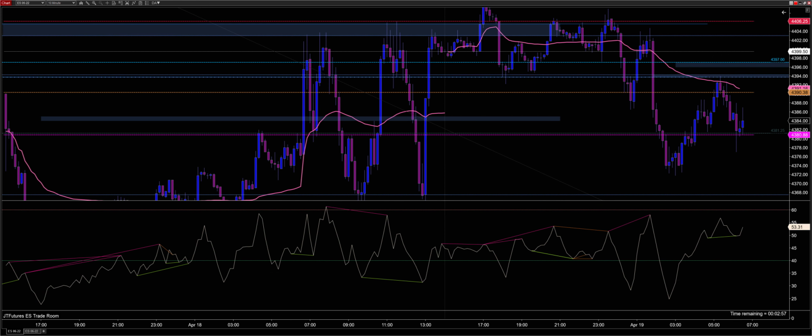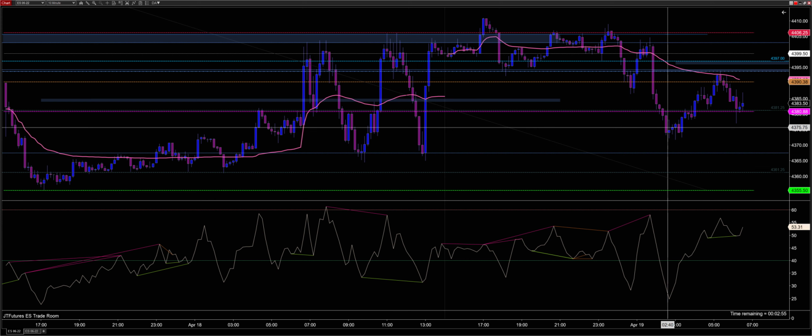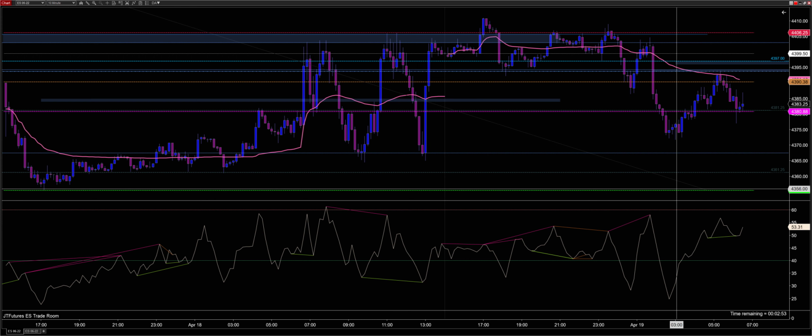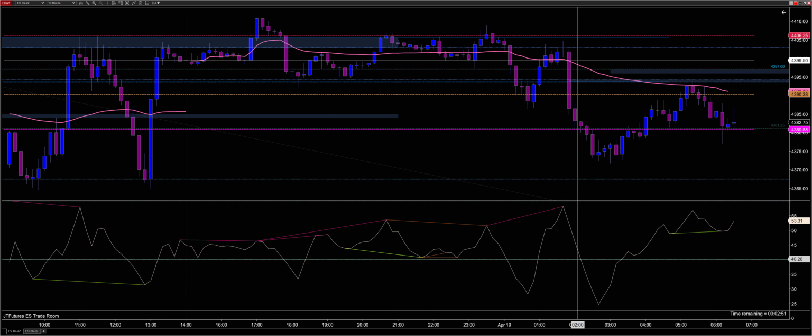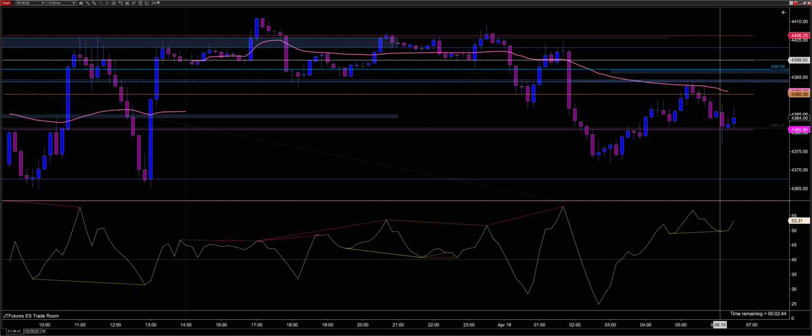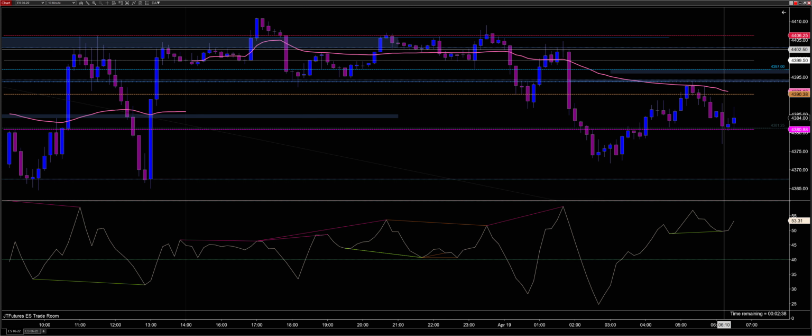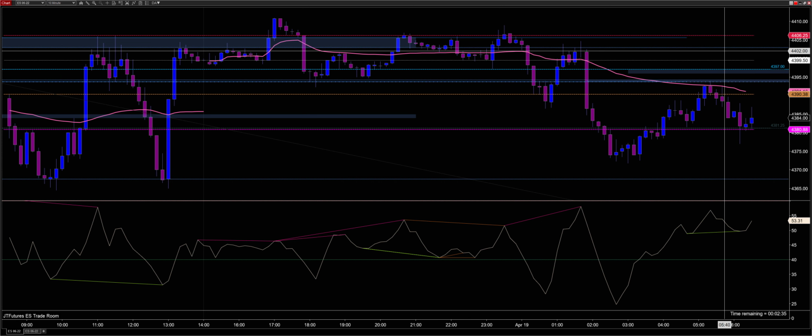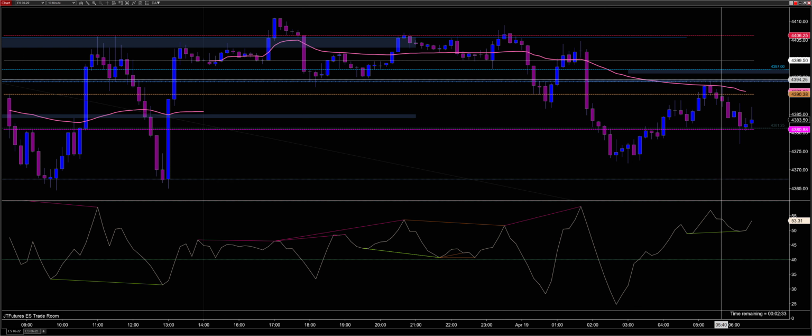Again, like I said, I saved this for last because it's just a mess of levels. There's a whole bunch of stuff. We've got that 43.95 to 97. We've got 43.99, 4,400, which was the close from yesterday. And then a little bit further, I'm not so sure I'm keeping this one up there. This one is done with, so I'll get rid of that.